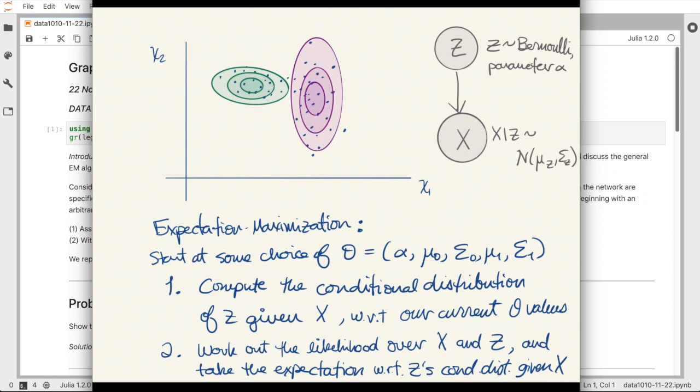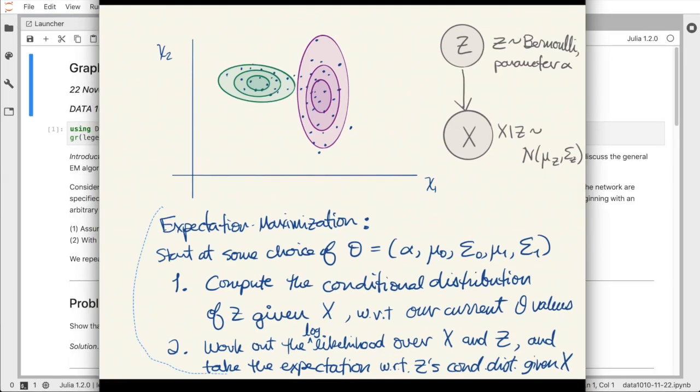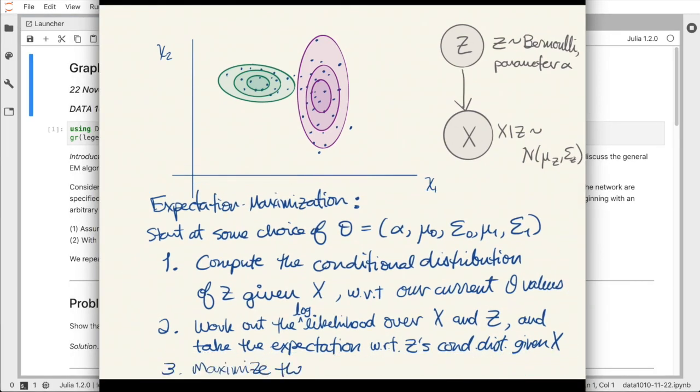And then we take the expectation of the log likelihood with respect to the conditional distribution over the z's. So in other words, since we don't know the z's, we treat them as random variables with an appropriate distribution given the data that we do observe, and then integrate out that randomness by computing the expectation. And lastly, we're going to choose parameters that maximize this expected log likelihood.